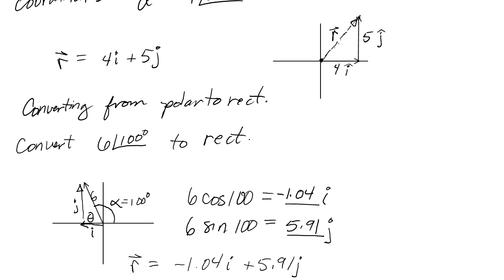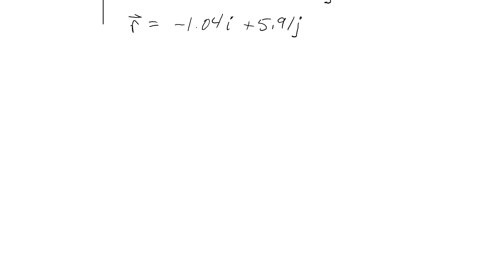And the last thing is to convert between rectangular and polar. So the opposite. If our rectangular components are 8 and 5, we want to figure out this vector here, the resultant.